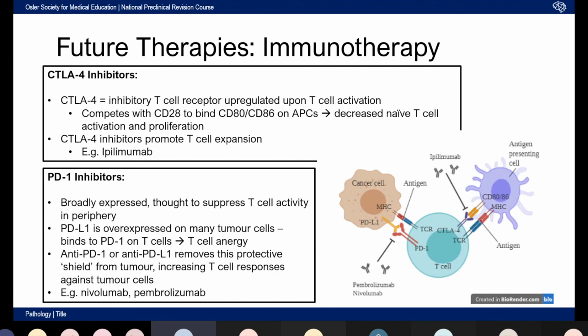Anti-PD-1 or anti-PD-L1 antibodies remove this protective shield from the tumour, so there are increased T cell responses against the tumour cells. This is just one example of a different therapy for cancers, but there are other directions that could be taken too: gene therapy, more personalised medicine, looking at mutations, targeting specific proteins, and lots of other fun advances too.